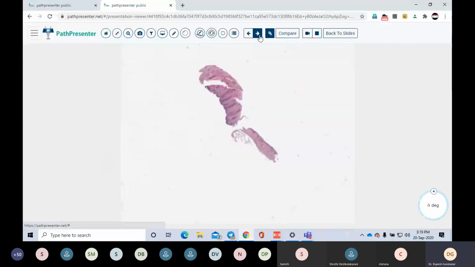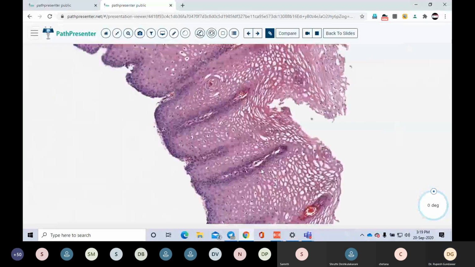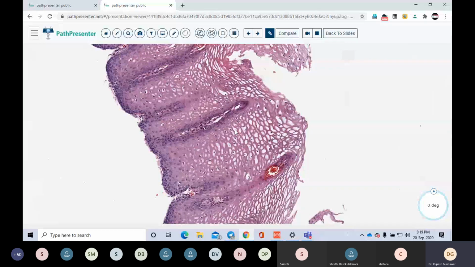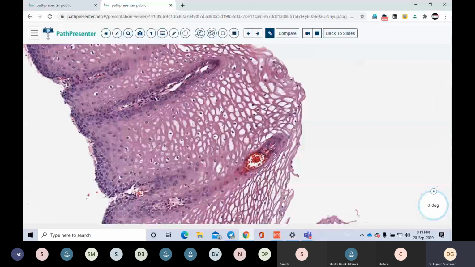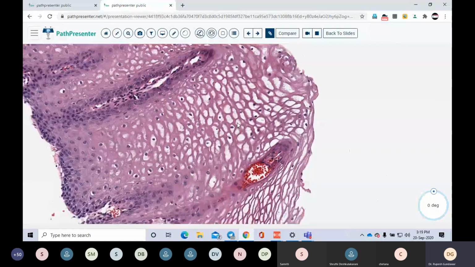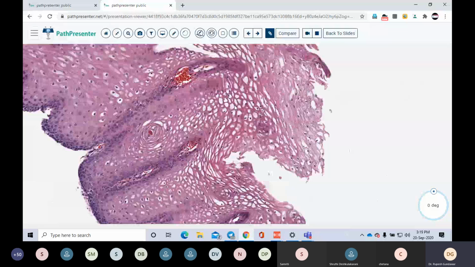And one more case was there in the digital set. This was the case of glycogenic acanthosis. Actually, this was supposed to be discussed in the last webinar, but I am showing it now. See here, the upper layer of the esophagus shows vacuolated cytoplasm and a thick cytoplasmic border, as if these are vegetable matter. No inflammation per se.